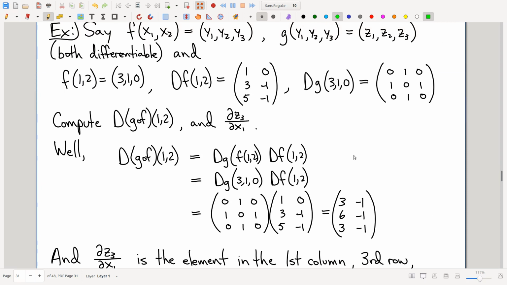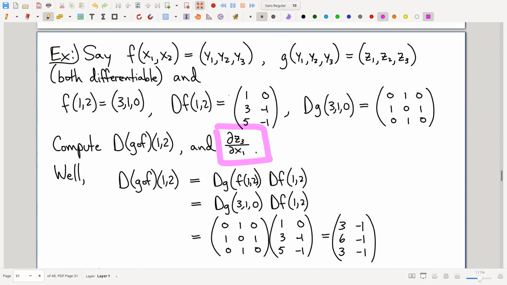Okay, second part of the question. It says compute the partial of z3 with respect to x1. Now we have to think very carefully about what interpretations we're going to make of the matrices that we have and the matrix that we just computed. So notice z3 is the third of the three output variables that I was given.